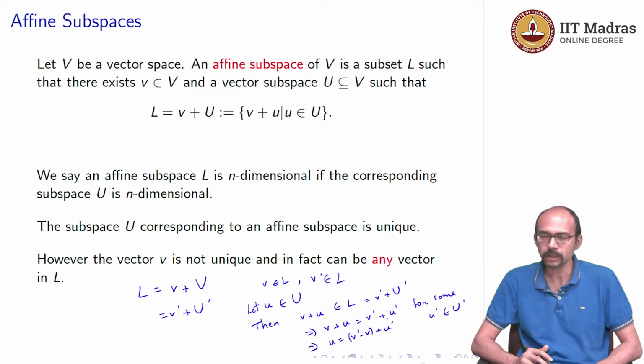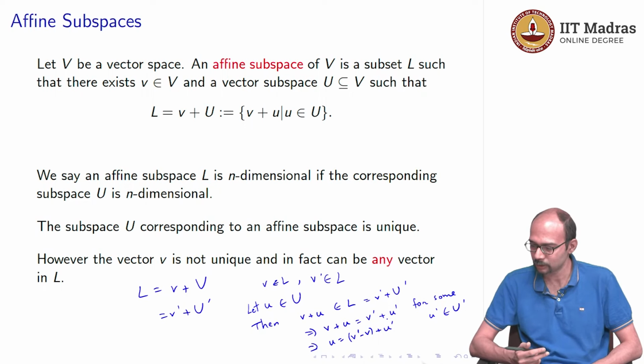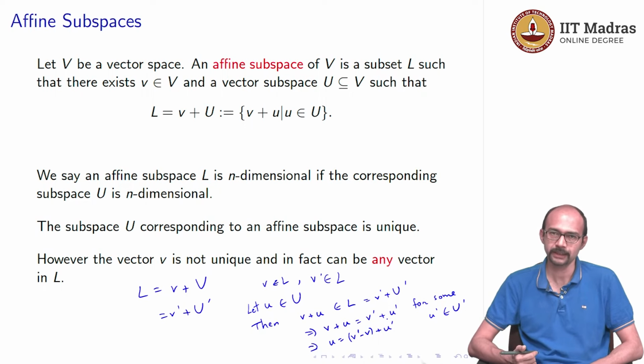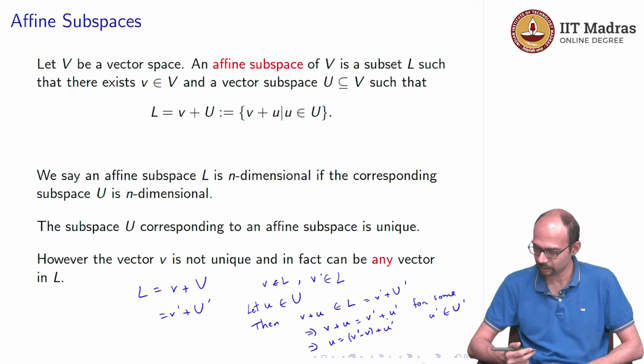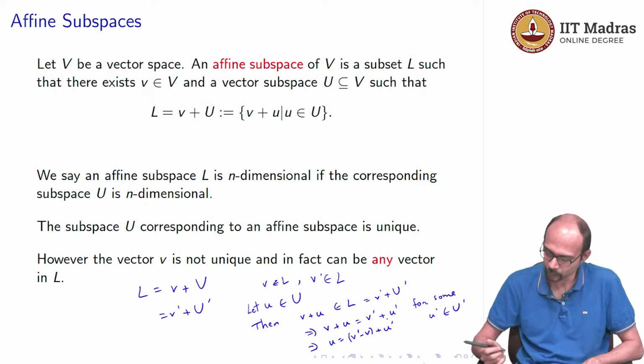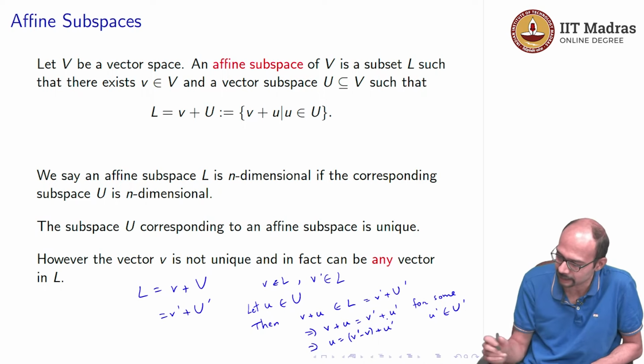Now, the claim is that v prime minus v is in U and U prime both, and u prime is of course in U prime. So, that means this little u will be in U prime. So, every vector in U will be in U prime, and conversely every vector in U prime will be in U. Okay. So, why is v prime minus v in U or U prime?